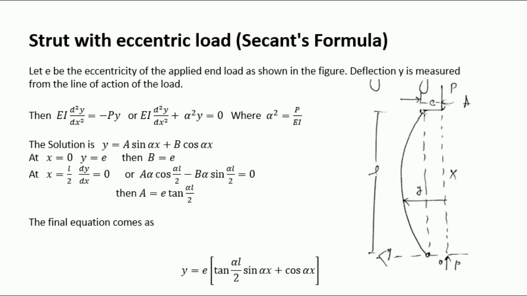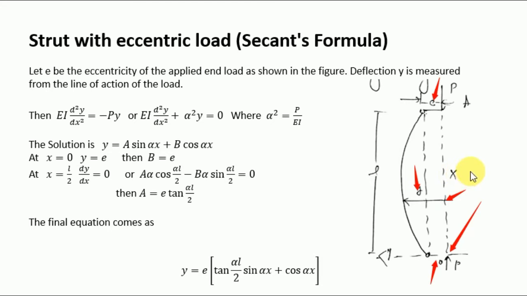You can easily deduce that if we put the x value here, then y is obviously e. If we put these values in this formula, sin x, which is 0, comes 0, y is equal to 0, then B is equal to e.